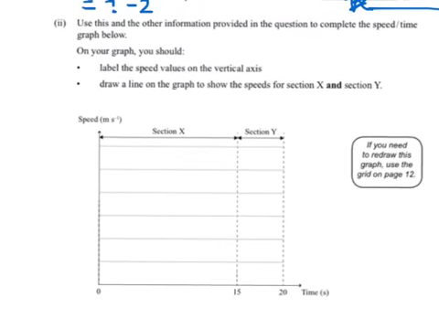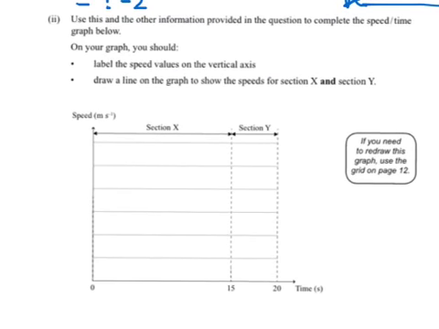Coming back down, part 2. Use this and other information provided in the question to complete the speed-time graph below. On your graph you should label the speed values on the vertical axes, so the actual amount.